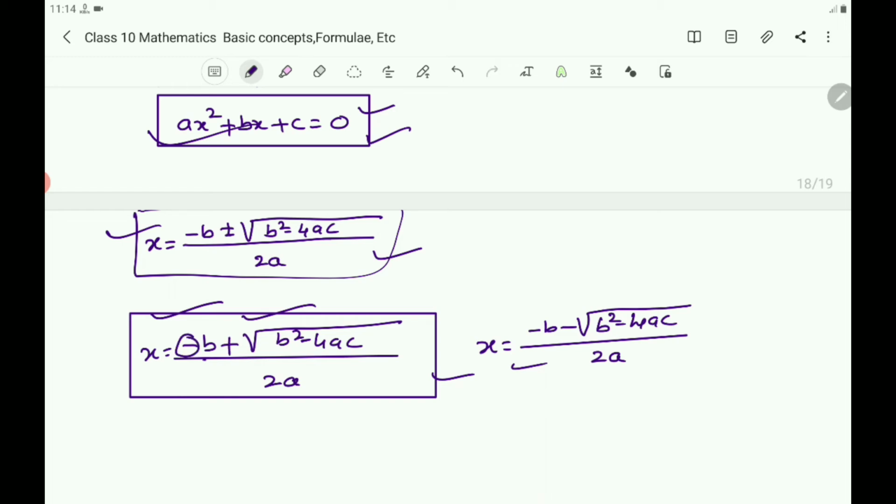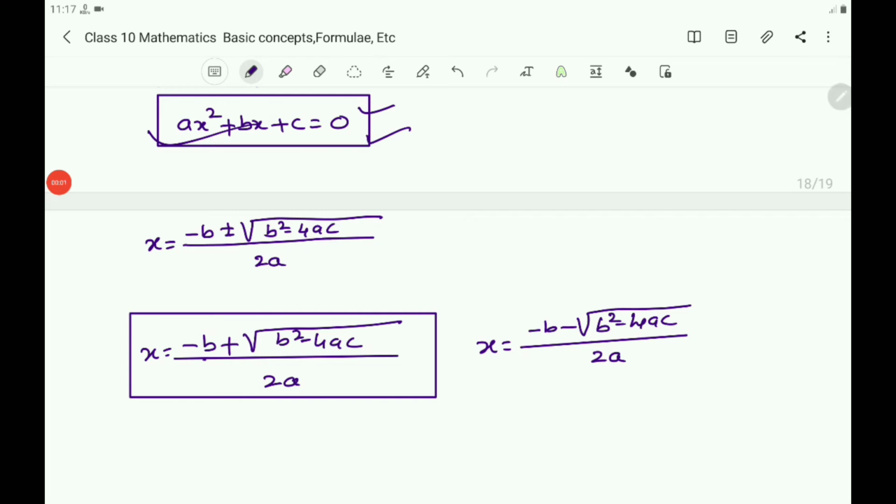Both must be minus in the correct answer, but they may give one minus and one plus, or both plus. Like this way, you must recognize the answer by observing all this. There must be minus b in both of them, and next one is plus, the other one is minus, and under the root the same thing.